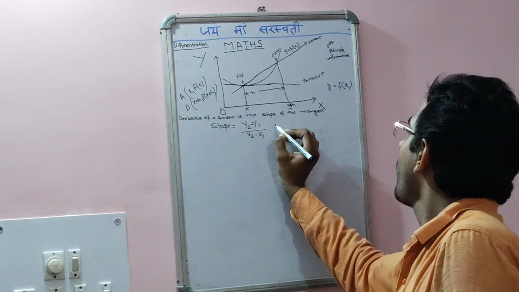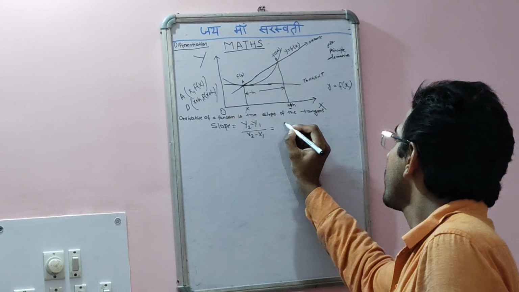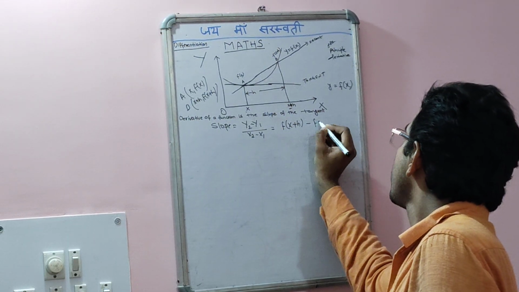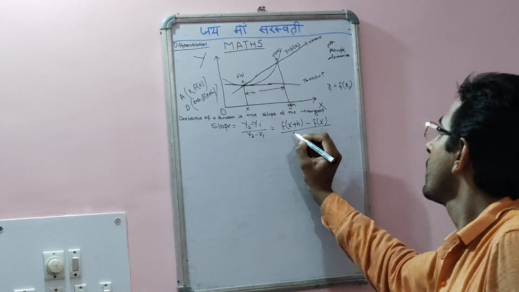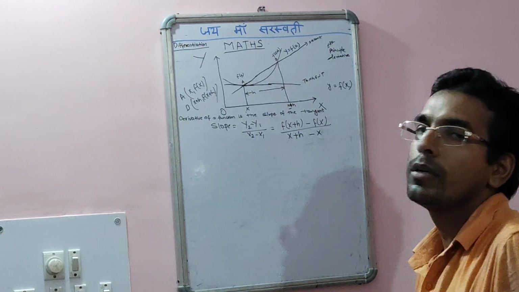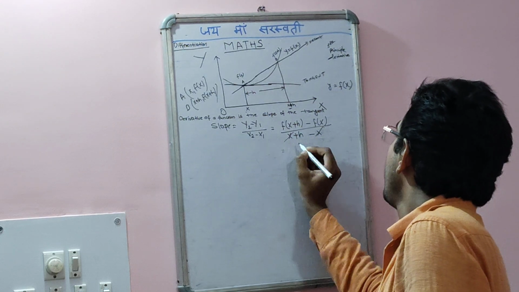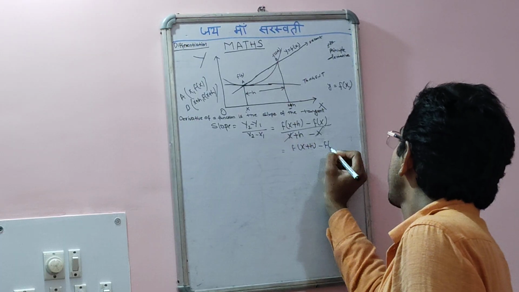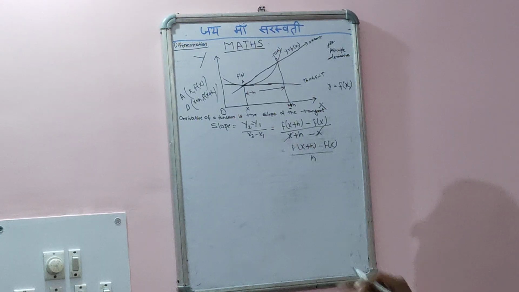So y2 minus y1, in this case, we will just write f(x + h) minus f(x), by x2 minus x1, that is (x + h) minus x. So in this case we are just deducting it. It will be (f(x + h) minus f(x)) by h. So this is the slope of this particular secant.